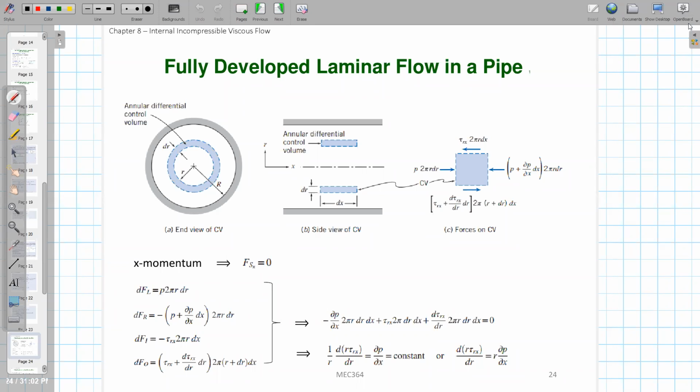In the case where both plates are stationary, if you want the flow to move, you have to give the flow some external pressure drop, some pressure force, explicitly to force the flow to move.